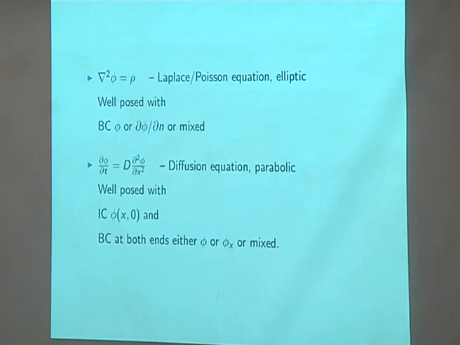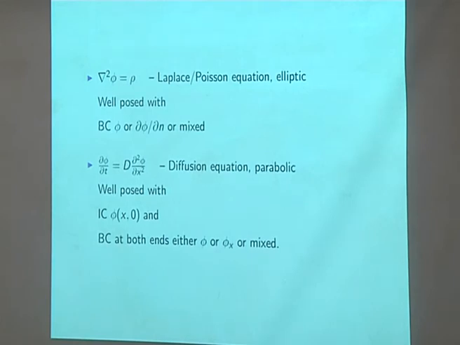So we do have a diffusion equation in the Navier-Stokes equation, and this is well posed if we know the initial value of the function that's being diffused, and we have to know, because it's second order in space, information at both ends, either be told at each end the value or the normal derivative or some mixture of those two. There's some restrictions on that too.